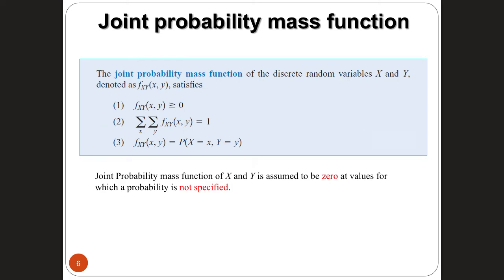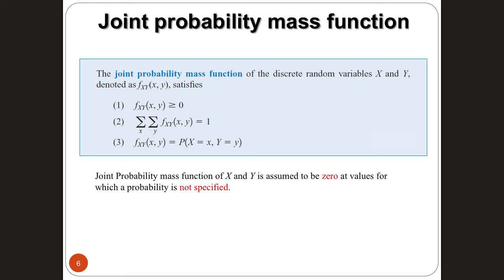That's again very similar to the case of single random variable. And since we are dealing with mass function, the discrete case only, then the meaning of the f, the small f of a certain x equals x and y equals y is simply the probability that the random variable x takes the value x and the random variable y takes the value y, right?